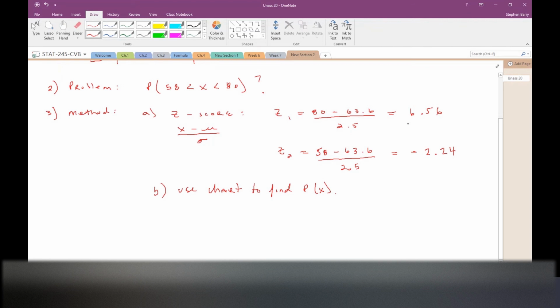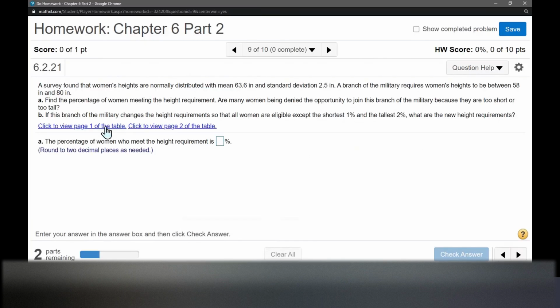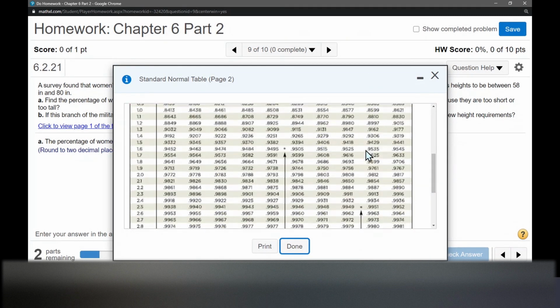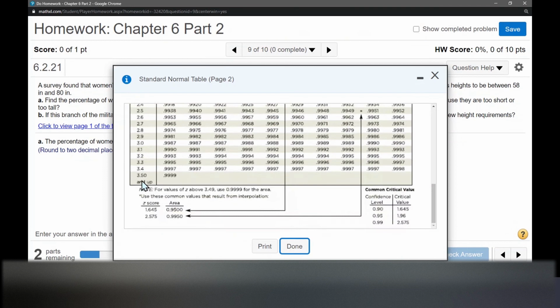In the case of z-score 1, this thing is so huge that it's not even on the chart. If you look at the chart they give you, I think this would be on page 2 for positive scores. It stops at 3.5. You can't even get to 6.6. And so what do we do?